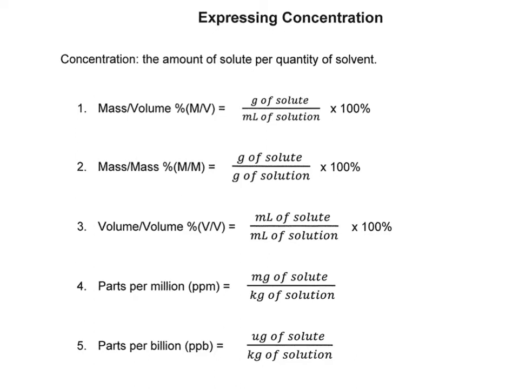A mass to volume percentage, or M to V percent, is often used when you're dissolving a solid solute in a liquid solvent. It's calculated by taking the grams of the solute and dividing it by the mL of the solution times 100. Notice this equation says mL of solution.